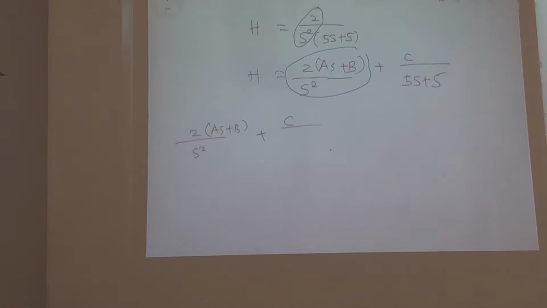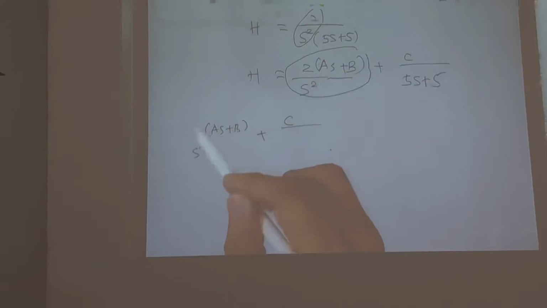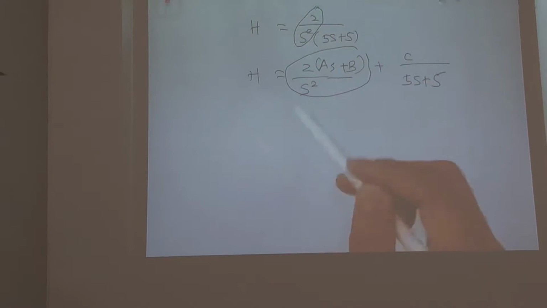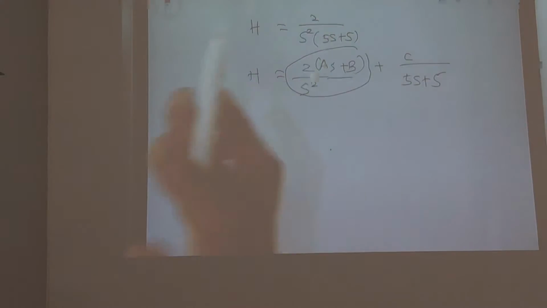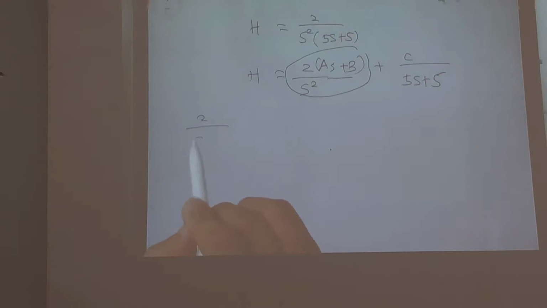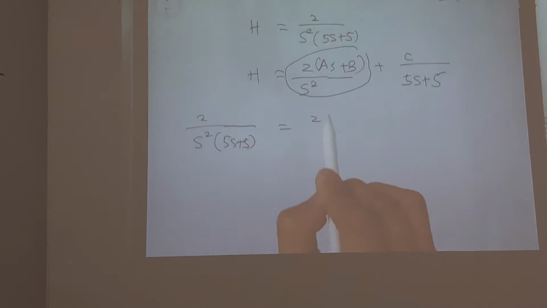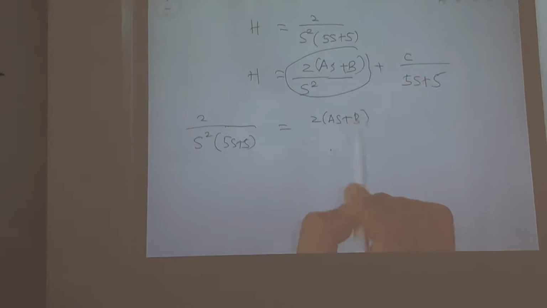I need to find the as plus b. So on your left hand side, I have 2 divided by s power 2 multiplied by 5s plus 5. This one breaks into as plus b divided by s power 2 plus c divided by 5s plus 5.